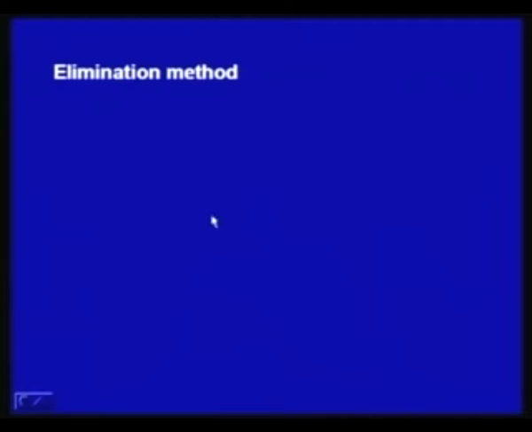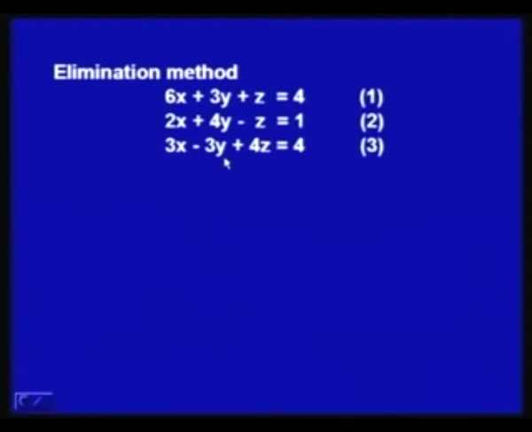We know many methods to solve the system of equations, especially when we have 3 or 4 equations. So, if we apply the elimination method for a system of 3 equations in 3 unknowns, then one can multiply the second equation by 3 and subtract it from 1, and the third equation is multiplied by 2 and subtracted from 1.